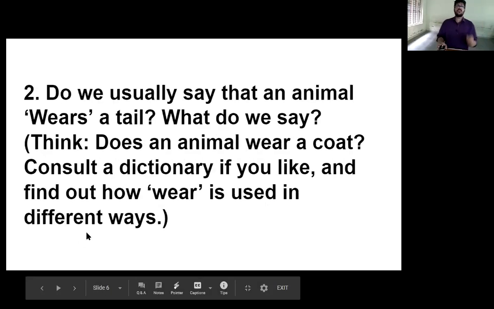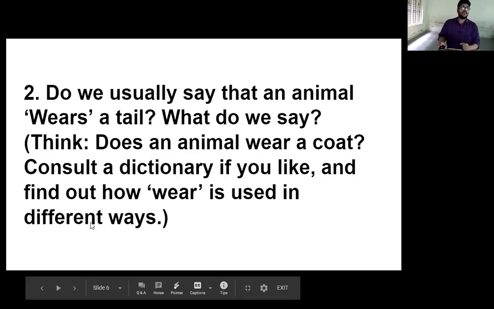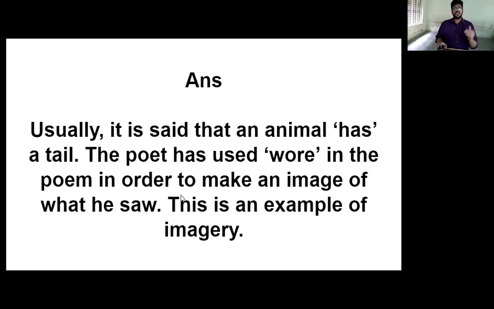Do we usually say that an animal wears a tail? What do we say? Think, does an animal wear a coat? Consult a dictionary if you like and find out how wear is used in different ways. So let's check the answer. The answer is, usually it is said that an animal has a tail, because tail is a part of an animal.